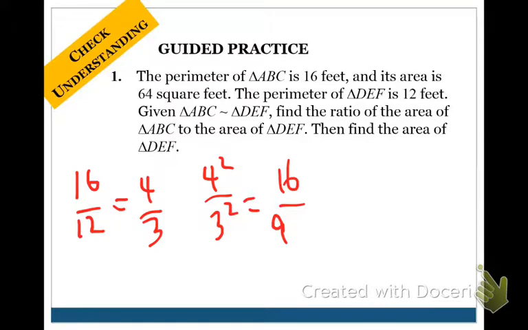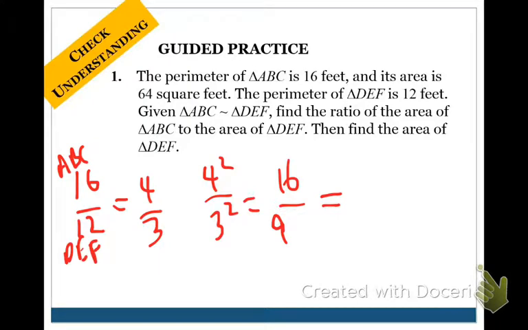Then we take 16 over 9 and we set that equal to, let's see, which was on top? ABC was on top. This is ABC. This is DEF. Right? So we take the perimeter of DEF, then we have the area of ABC, 64.